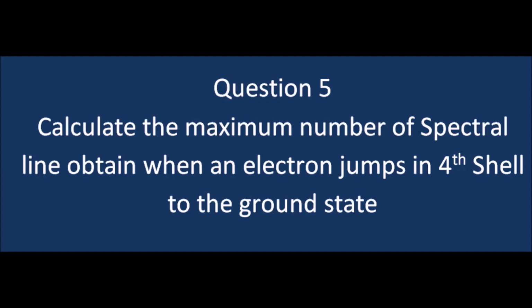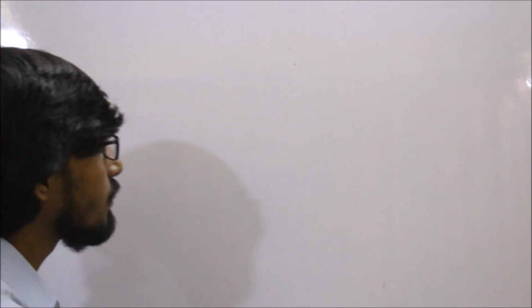Our fifth question is, calculate the number of spectral lines observed when an electron jumps from fourth shell to the first shell. Now we have a formula.